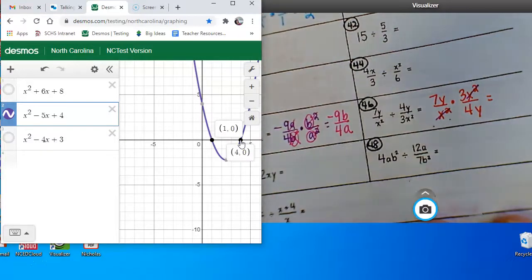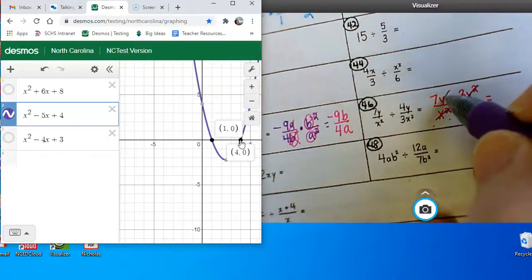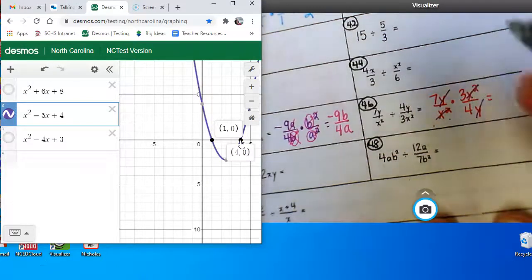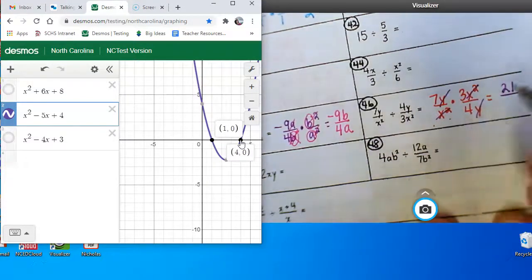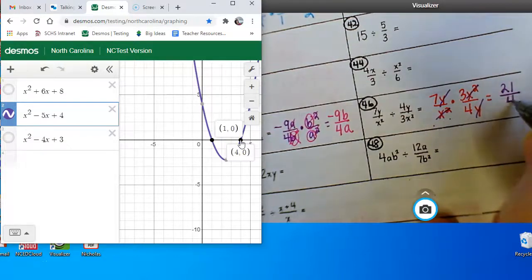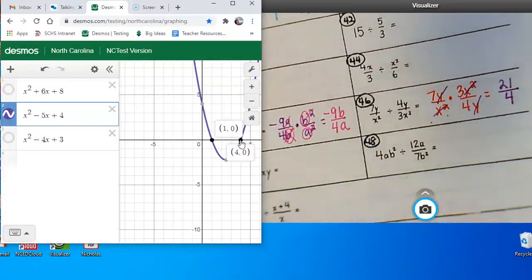They're exactly the same. I can also get rid of the y's. And then what that means for my answer is 7 times 3, which is 21. There's nothing here except for this 4 and then over 4. So 21 over 4.